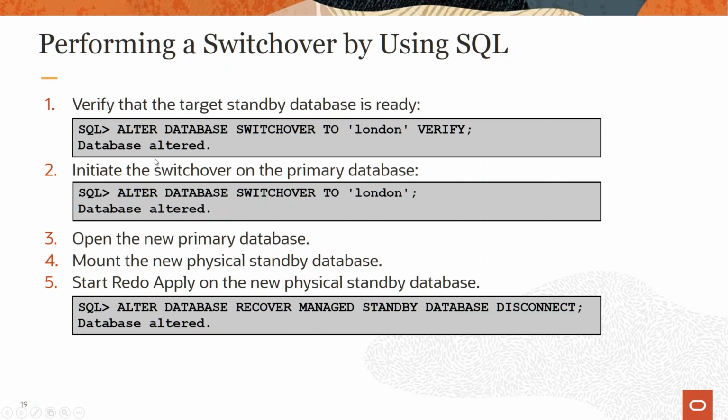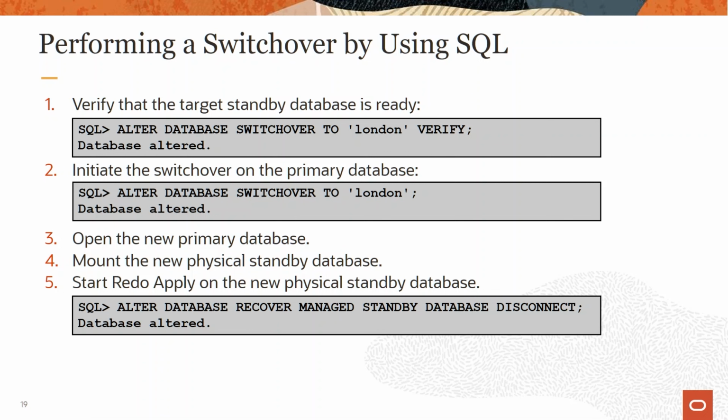If it returns "Database altered," that means your London database is ready. Then you ALTER DATABASE SWITCHOVER TO London, open the new primary database, mount the new physical standby database, and start redo apply service.